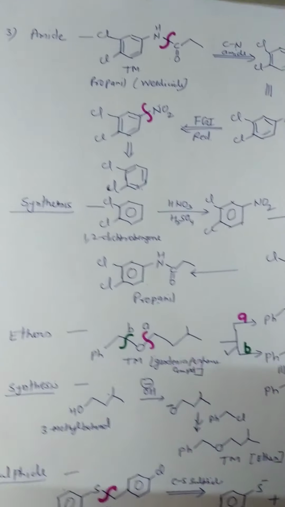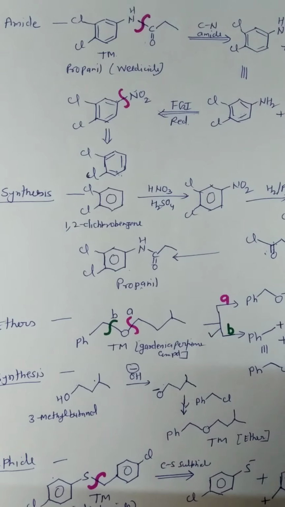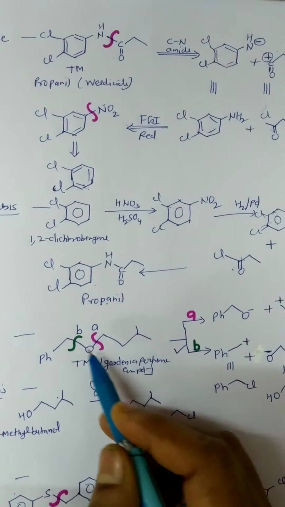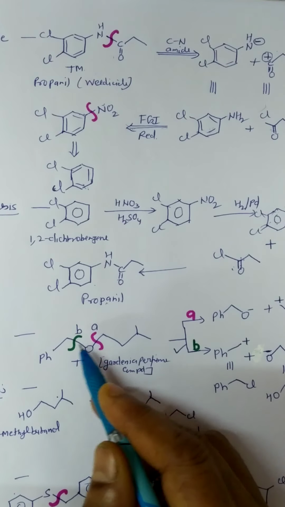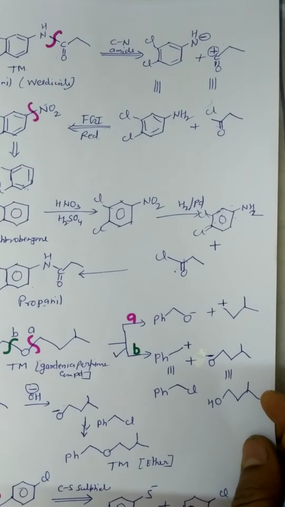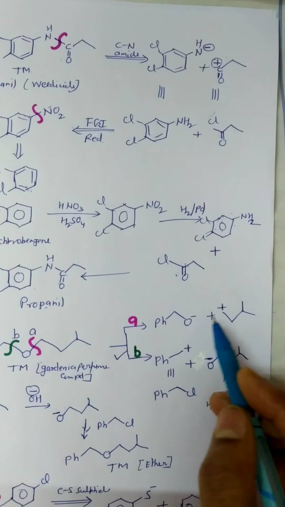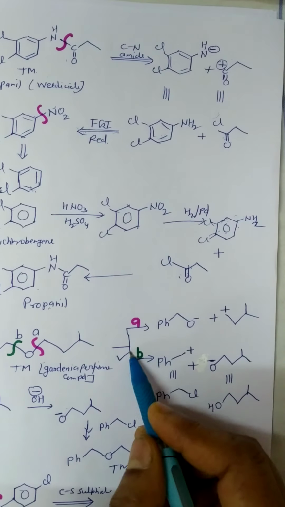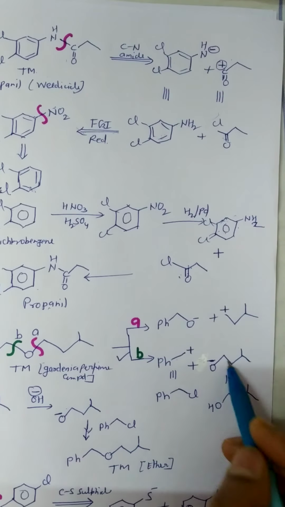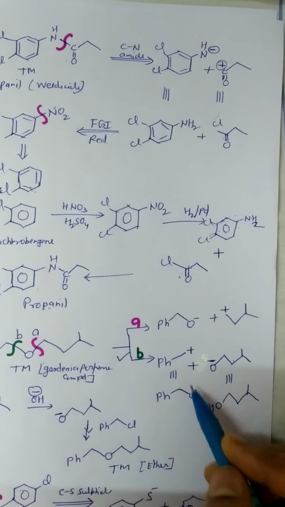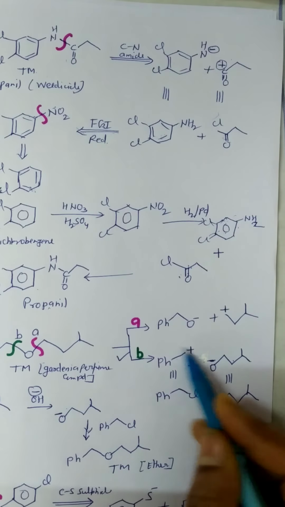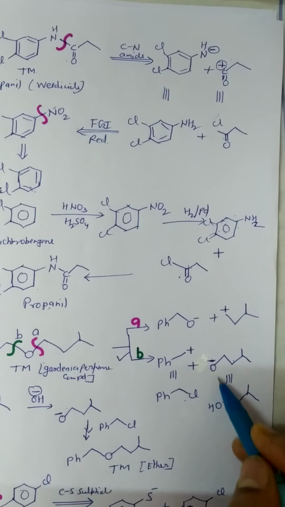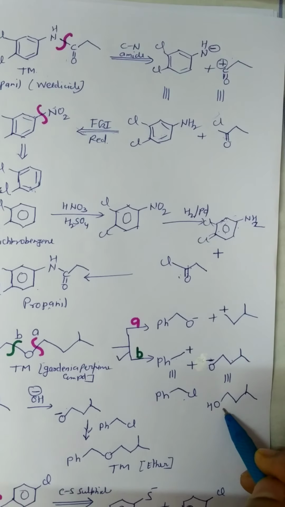Now in ethers, here this is an ether, a gardenia perfume compound, and here we have two choices, A and choice B. If we take choice A, then these two types of synthons are obtained, and when we take choice B, then these two synthons are obtained. On adding negative part to this synthon, we obtain the synthetic equivalent, and by adding positive part to this synthon, we obtain this synthetic equivalent.